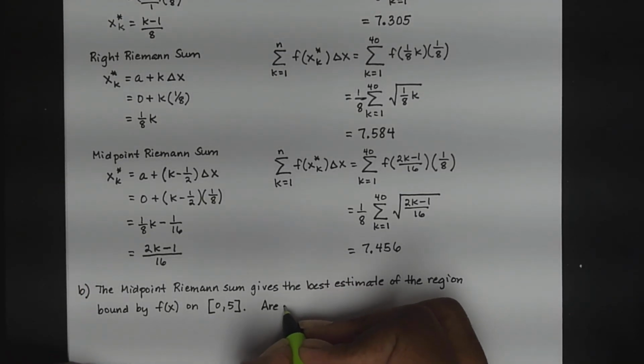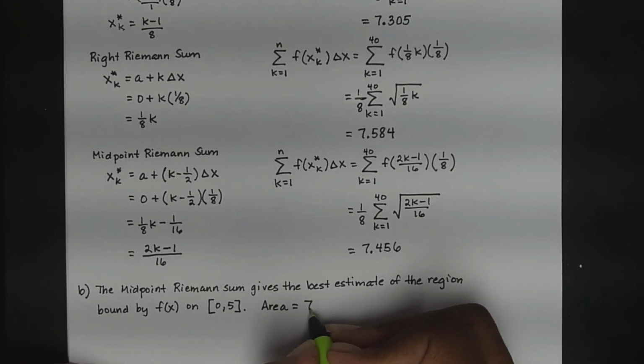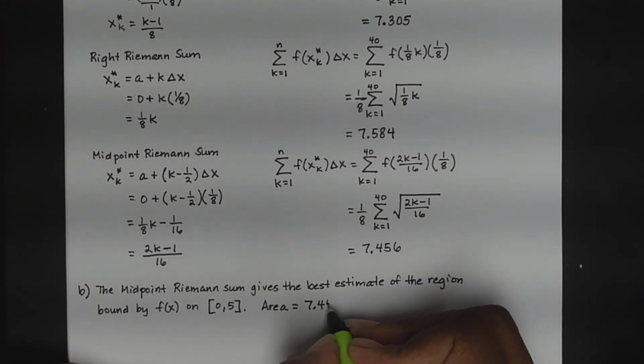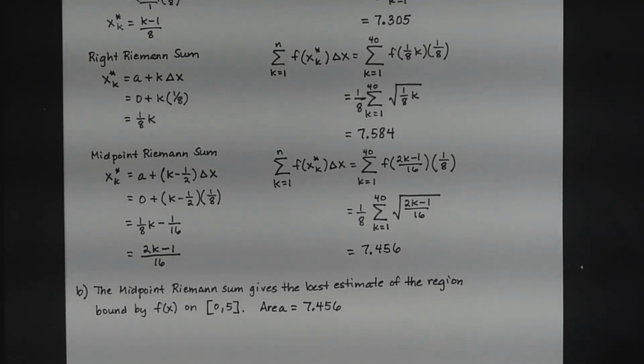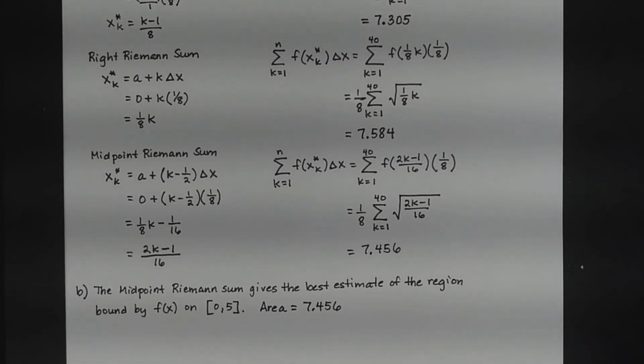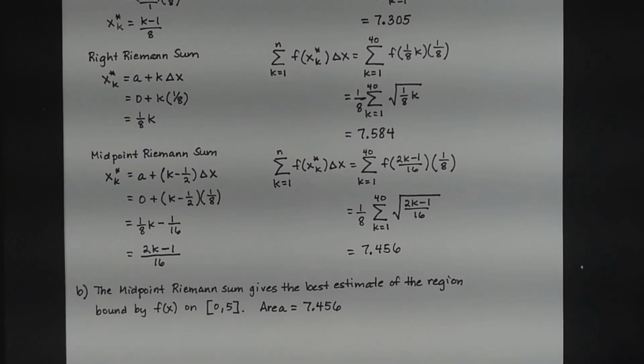So that means here the area will be approximately 7.456. So we'll use that as the area that gives the best estimate of the region bounded by the function f of x equals the square root of x on the interval 0, 5.